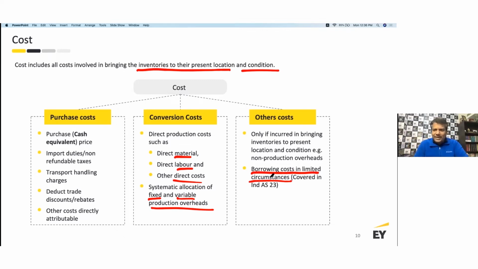That's where you may be able to capitalize some of the interest cost. We'll understand this with examples as well. So inventory cost is your purchase cost, conversion cost, and other costs directly attributable to bringing the inventory to its present condition and location, and at times borrowing cost.